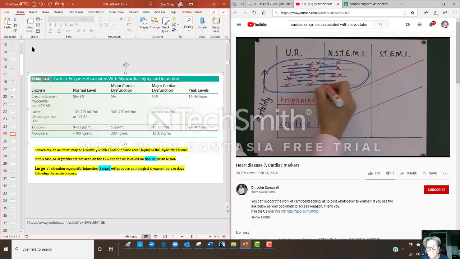And if this cell dies, the membrane will be disrupted and no longer able to contain the troponins inside the cell. So the troponins will leak out into the blood through the dead cell membrane, where we will detect them with our biochemical tests.